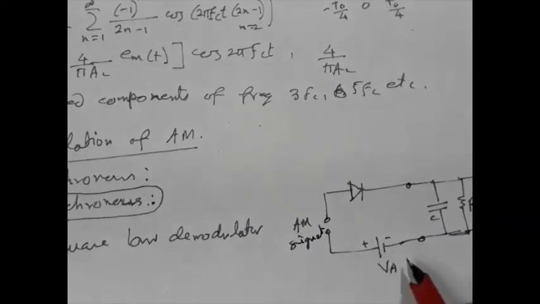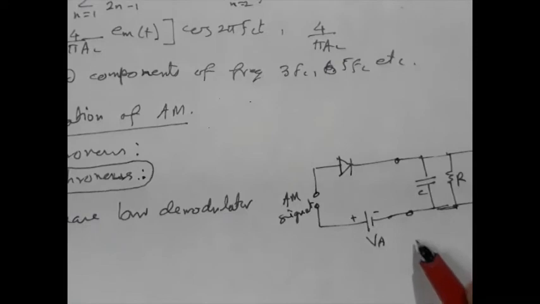Here this VA is a bias voltage used to bias the diode near this nonlinear region, the knee region of the IV characteristics, this region.